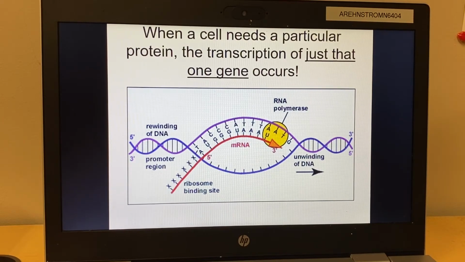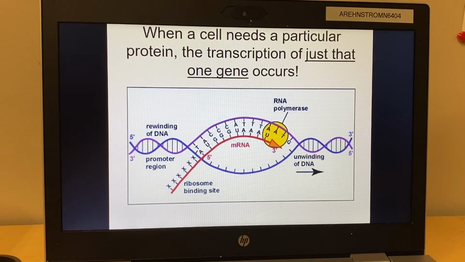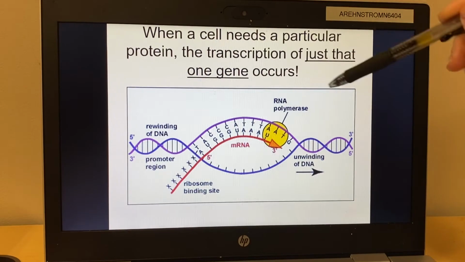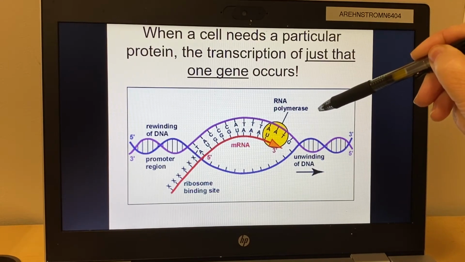Okay, so here's what happens. Every single gene has a start sequence, and that start sequence is a signal to the enzyme that carries out transcription, which is called RNA polymerase. Remember, ASE means it's an enzyme, and hopefully the name tells you what it's doing.